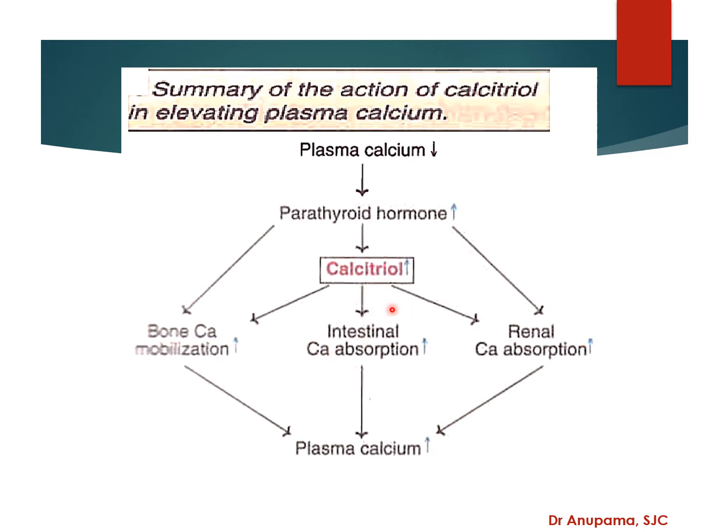It increases the calcium absorption at the intestine, thereby increasing the plasma calcium levels. It also increases the calcium absorption at the kidney, thereby contributing to increased calcium levels in the plasma, and it also causes bone calcium mobilization, thereby contributing to increased calcium in the plasma.